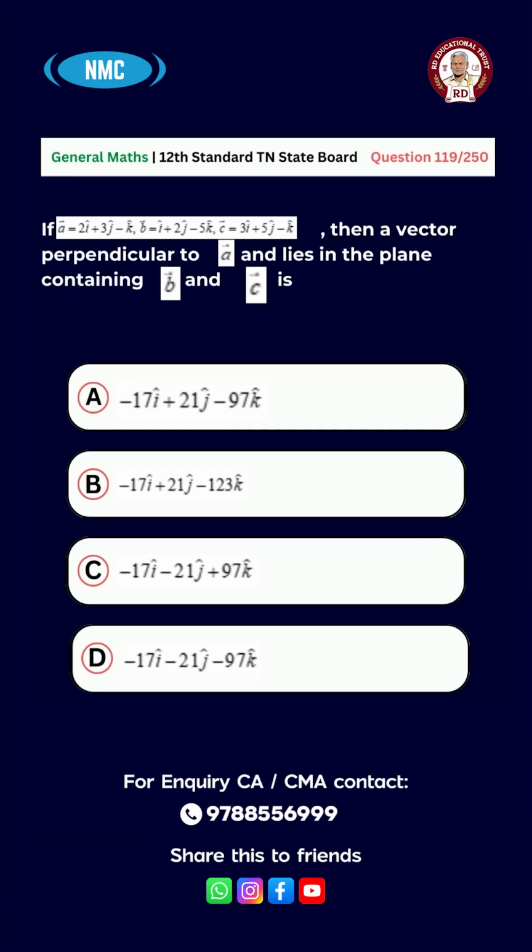The correct option is option D, −17i − 21j − 97k.